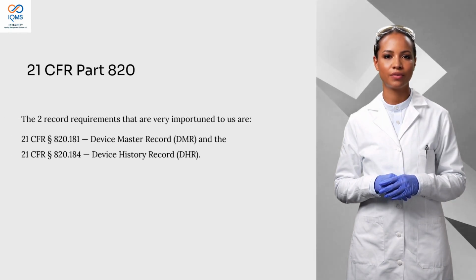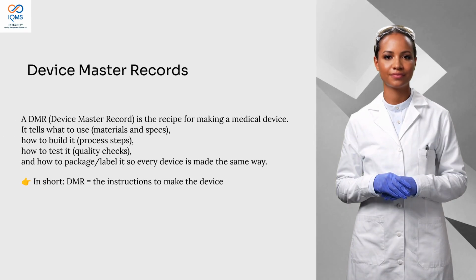Let's take a deep dive into the DMR and DHR records, 2 record requirements that we have to get very familiar with. The 21 CFR Section 820.181 Device Master Record, DMR, and the 21 CFR Section 820.184 Device History Record, DHR. First, the Device Master Record, or DMR.